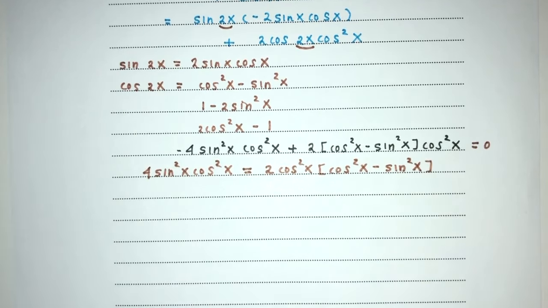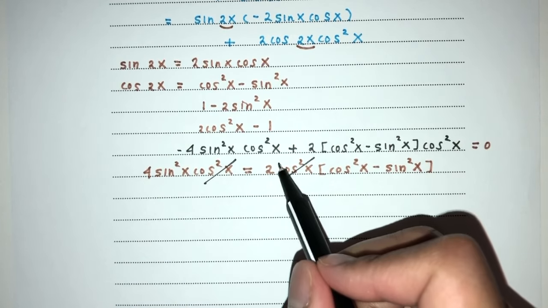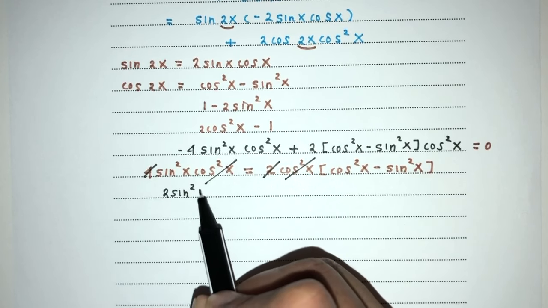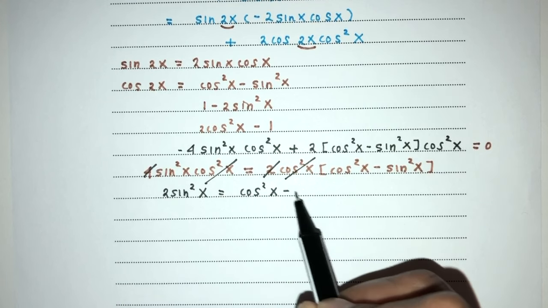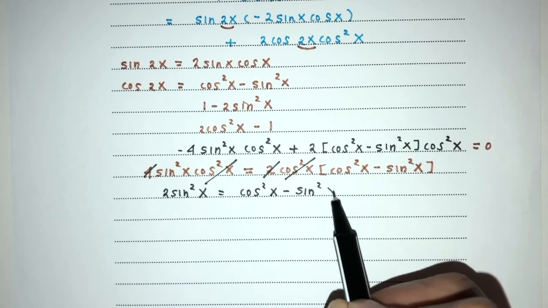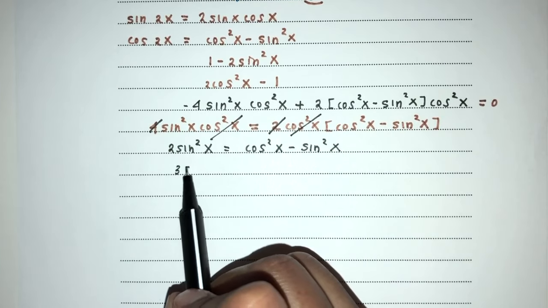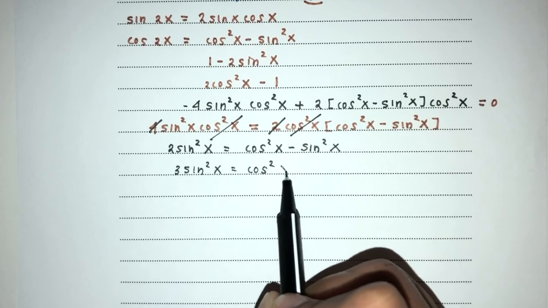Right. Now this can simplify out, as you can see here, very simply. And divided by 2, that will become 2 here. So we have 2 sine square x is equal to cos square x minus sine square x. Right. Now let's send this over here. That will become what? 3 sine square x is equal to cos square x.